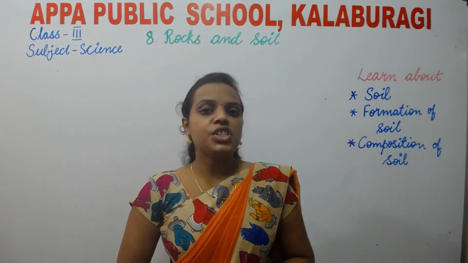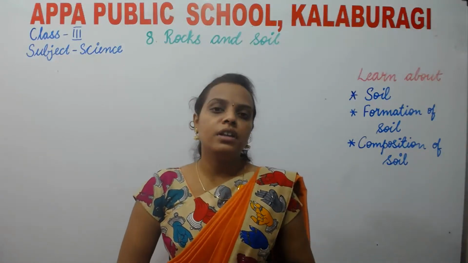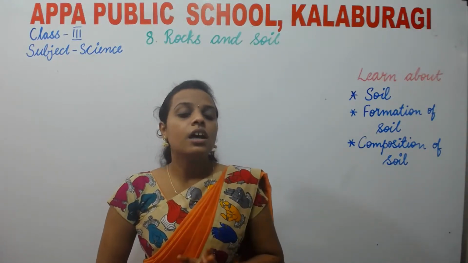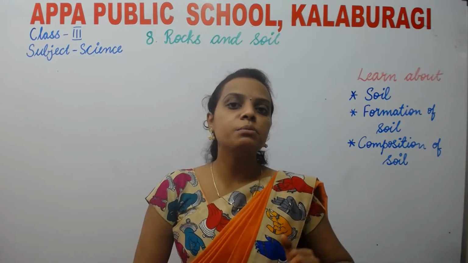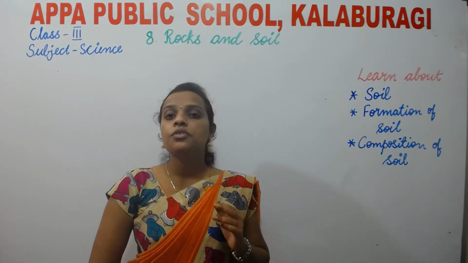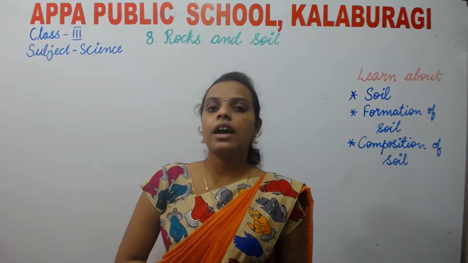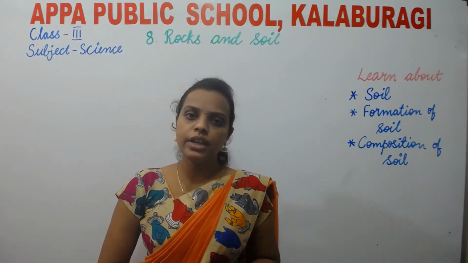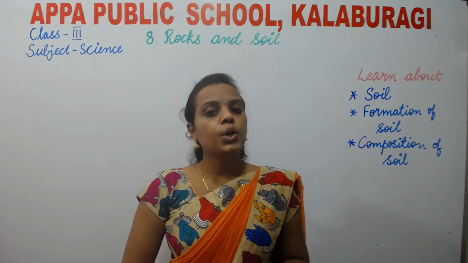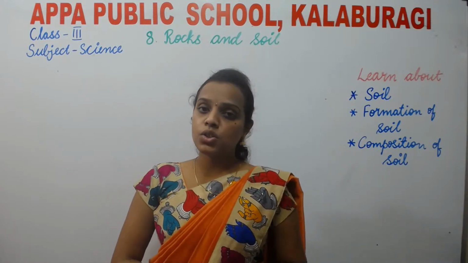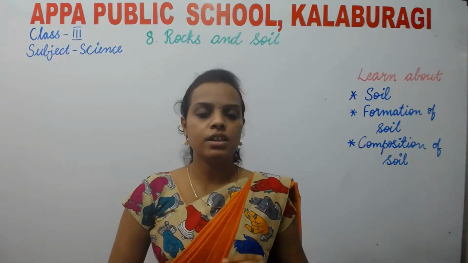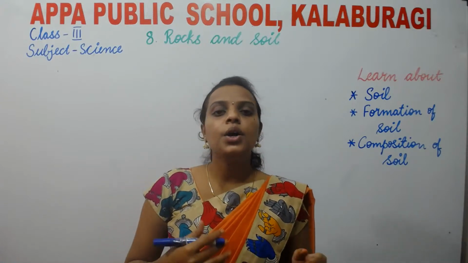It is rich in nutrients and minerals. Soil rich in nutrients and minerals is called fertile soil, and it helps in growth of the plant. It also supports the roots.